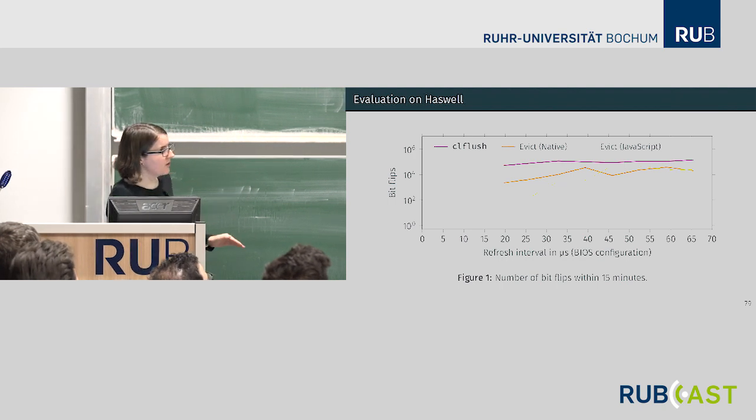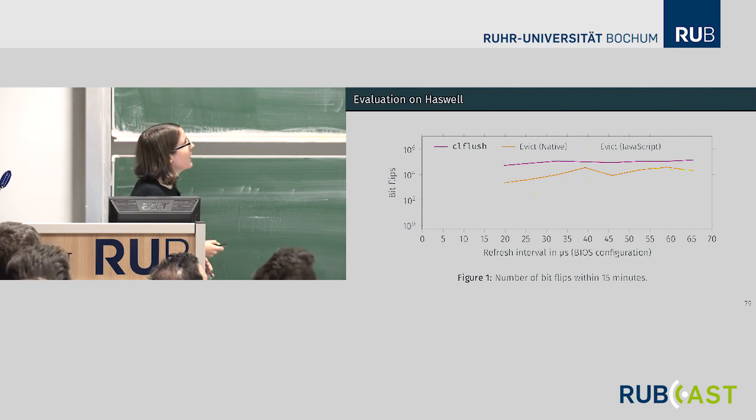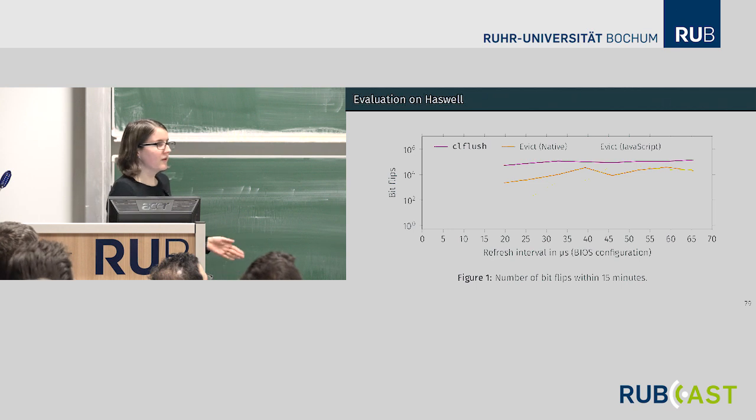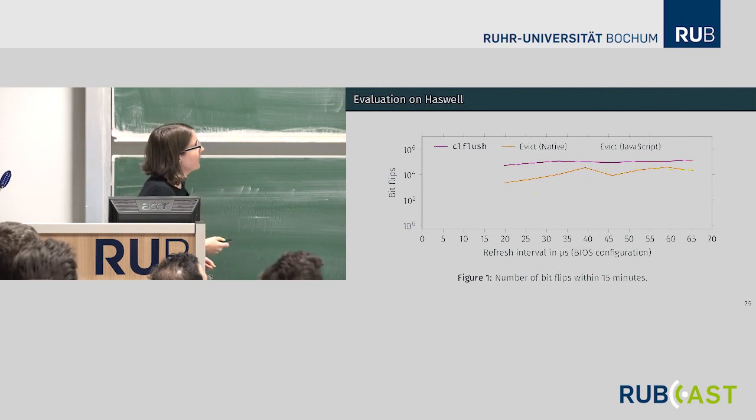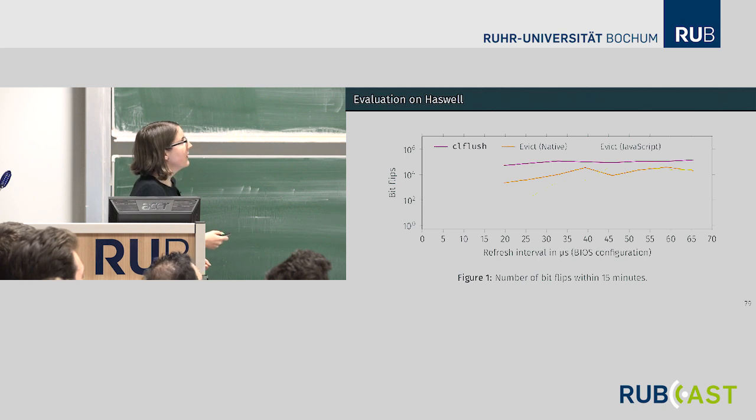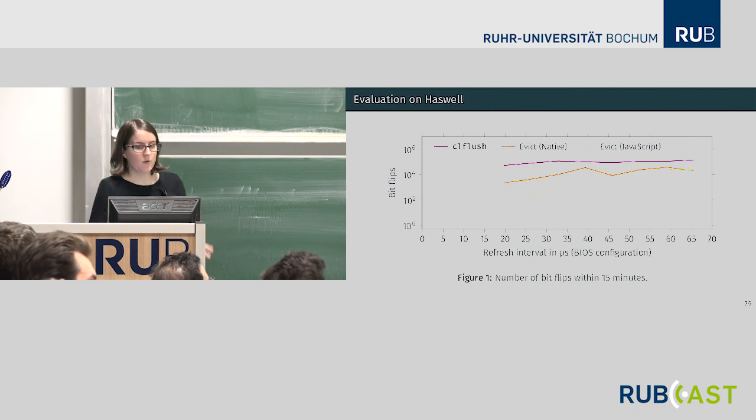This is something that you can change in the BIOS, and we did that to evaluate basically if we could have bit flips with the default configuration, or if we needed to change this configuration. So for CLFLUSH and using the cache eviction, basically we had fewer bit flips, but we had them. Each time you have bit flips with the CLFLUSH, you will be able to have bit flips without the CLFLUSH instruction.